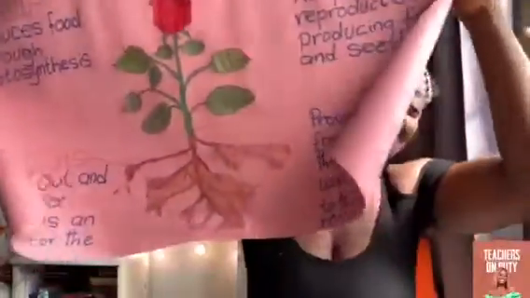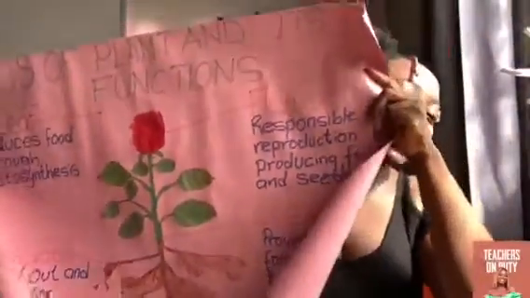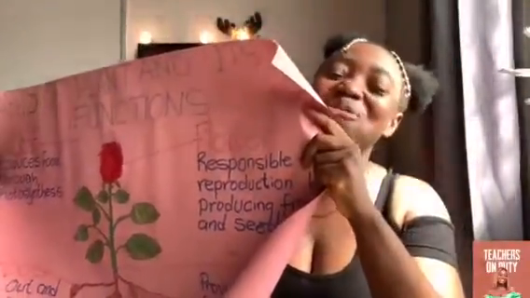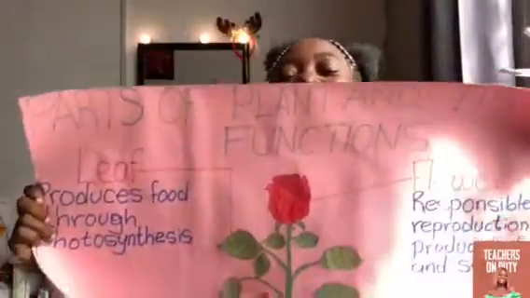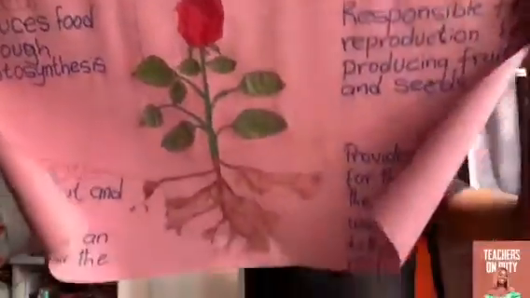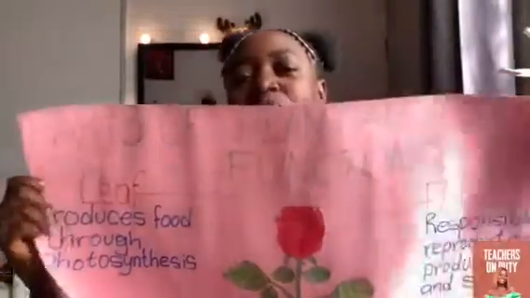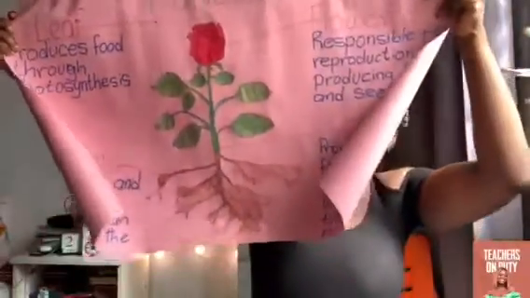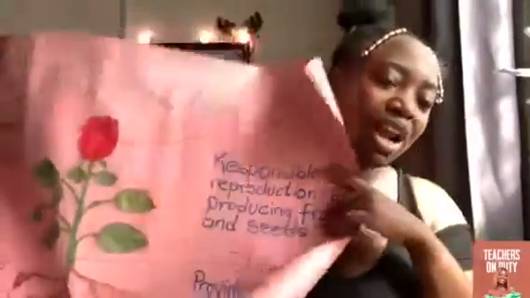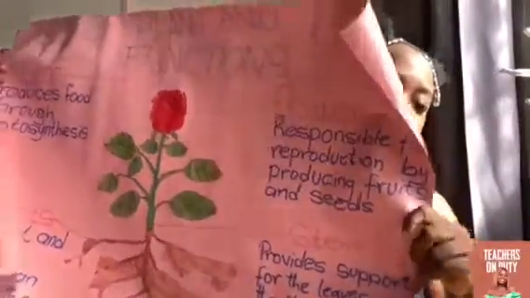Meanwhile, I have drawn one. Look, even my rose flower is nicer than some of the flowers you got. Look at it. Oh, it's so nice. I did well. This is the topic. This is the flower. These are the functions that I wrote beside it, for the roots, the stem.